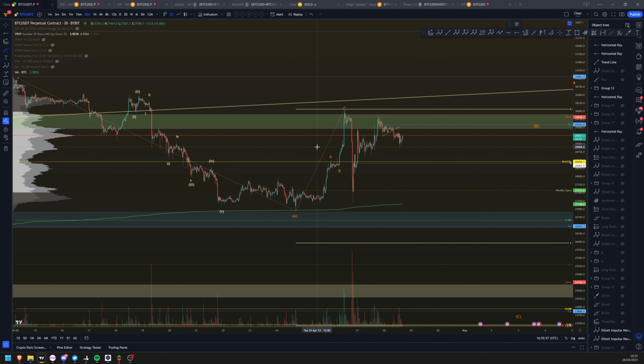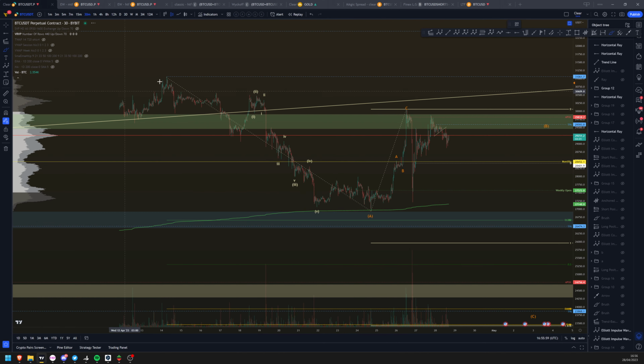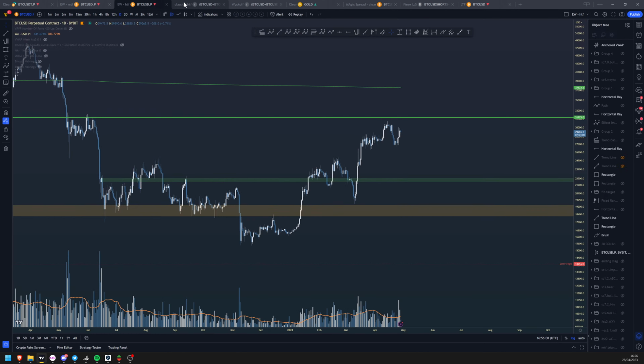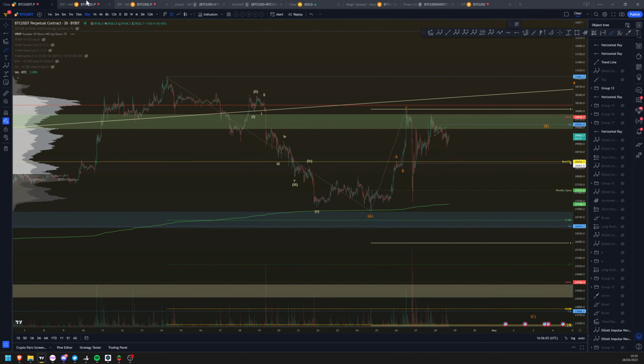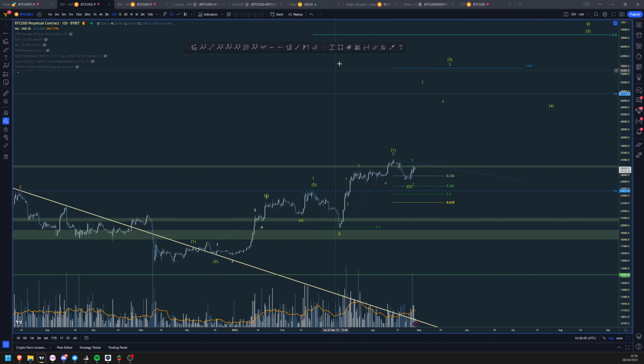But the third option here, if we take 31k, is that we printed 1, 2 here, and that we are going for a third of the third of the third. And the third wave in Elliott Wave is usually, most of the time, the strongest wave.